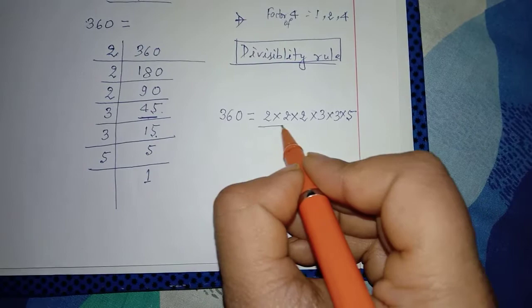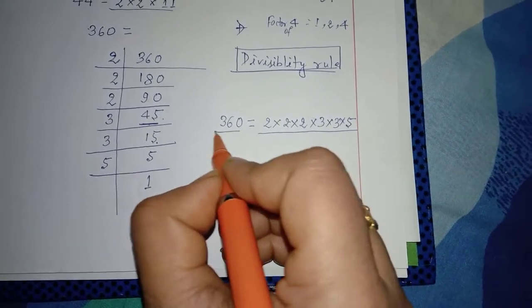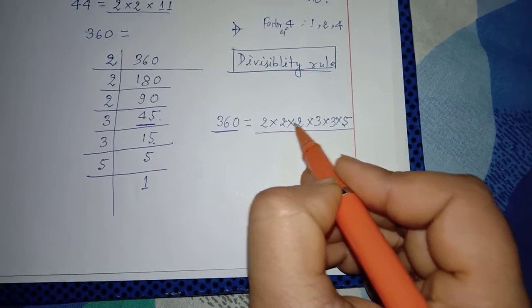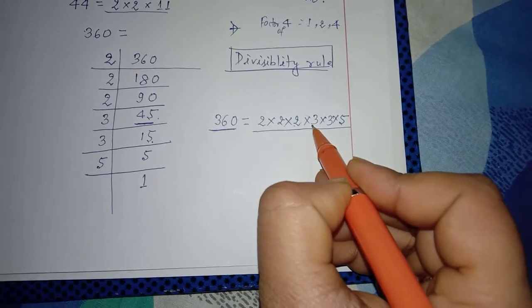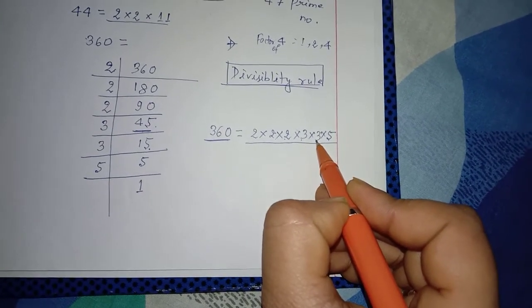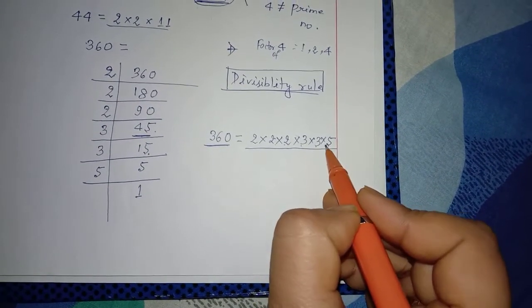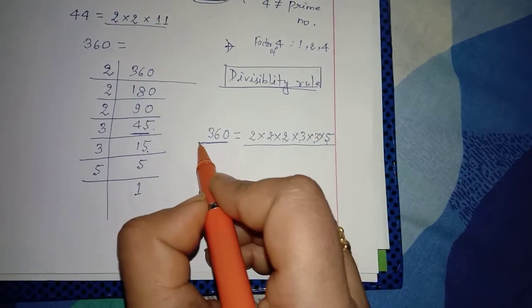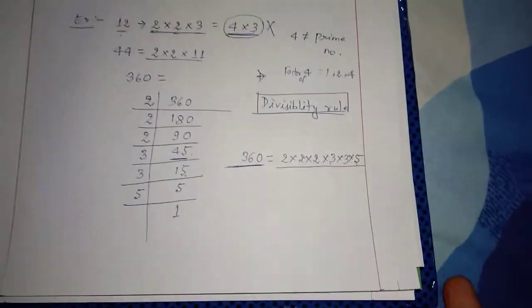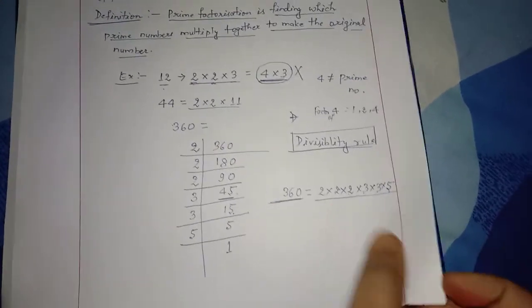So this is the prime factorization of 360. Now check it: 2 2s are 4, 4 2s are 8, 8 3s are 24, 24 3s are 72, and 72 5s are 360. So finally we have got 360. Okay, now let's come to the point.